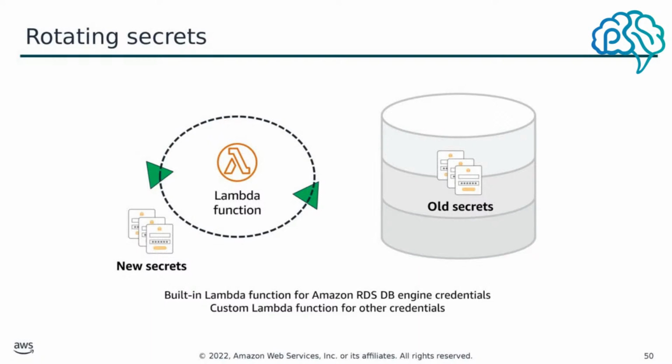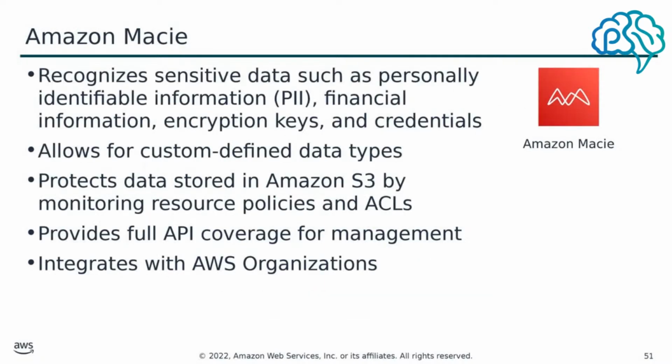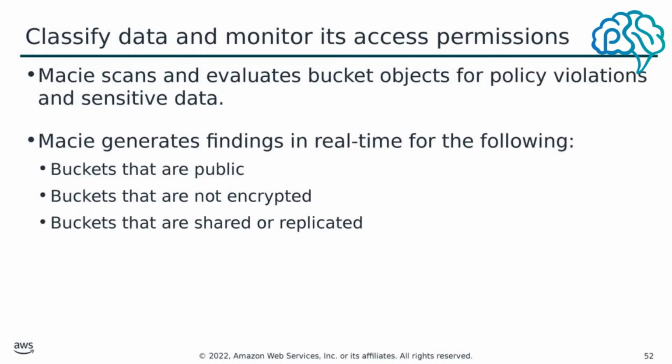And then in terms of Macie, this is another service, a machine learning service that would discover, classify, and protect sensitive data. So this is really a kind of unsupervised machine learning approach where you look for outliers.